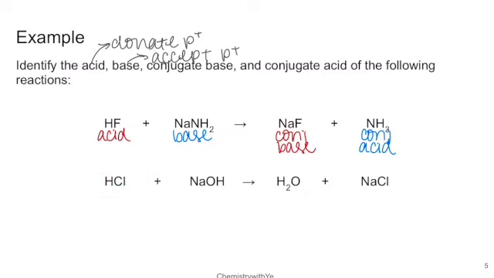So HCl loses its proton. So this will be the acid, and this will be its conjugate base. And NaOH will gain a proton, resulting in the base and the conjugate acid.